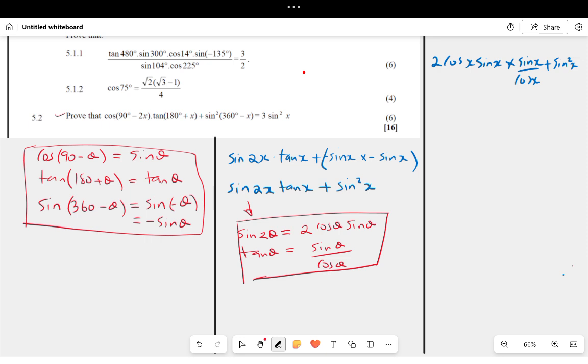So the cosine x and the cosine x over here, they will cancel out. So we cancel them out like that. Then we'll be left with this multiplied by that, so 2 times sine x times sine x, which is equal to 2 sine squared x, then plus this sine squared x.